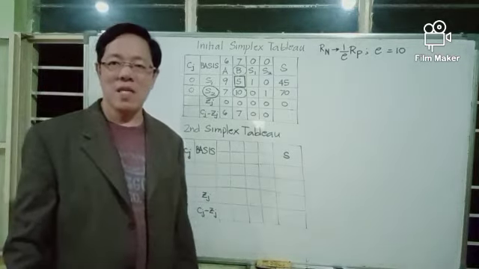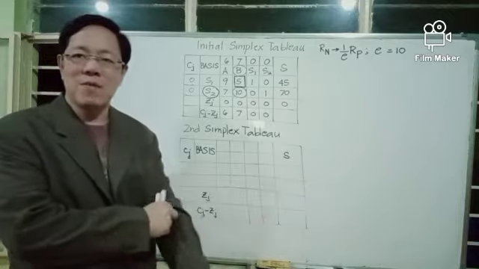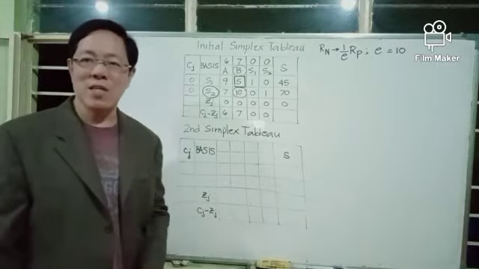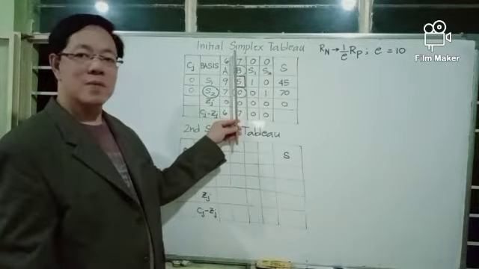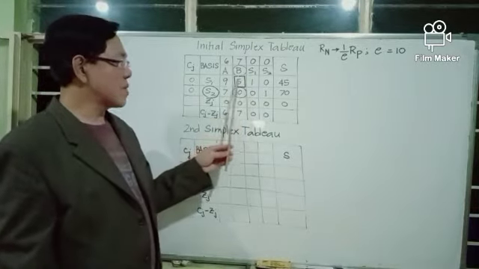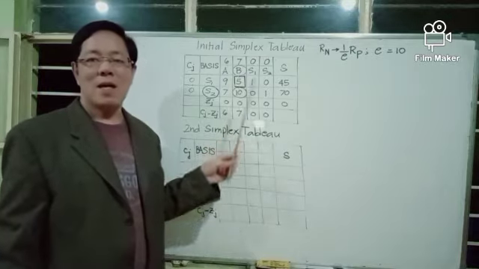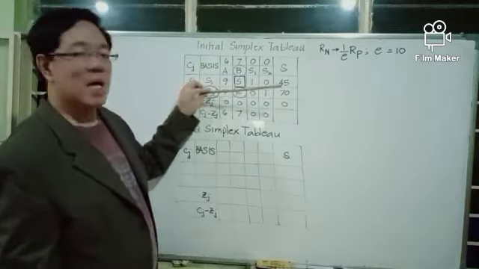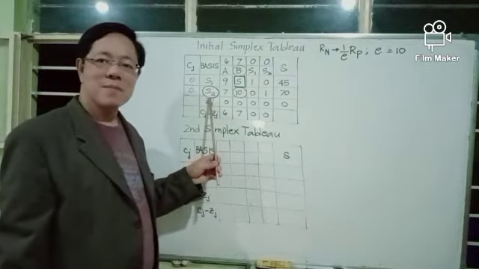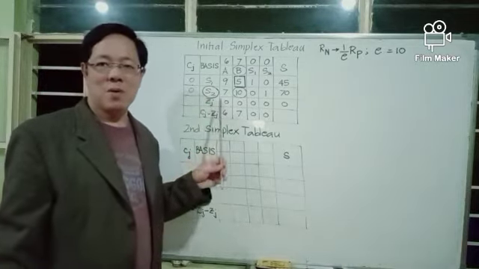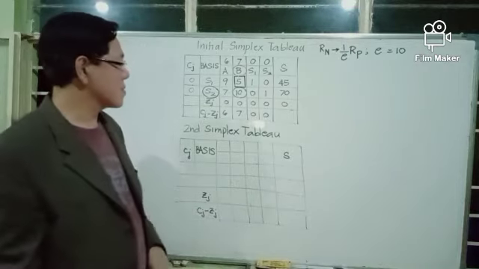We also have identified the pivot element, which we defined as the entry or element at the intersection of the pivot column, the column containing the entering variable B, and the pivot row, the row containing the outgoing variable.